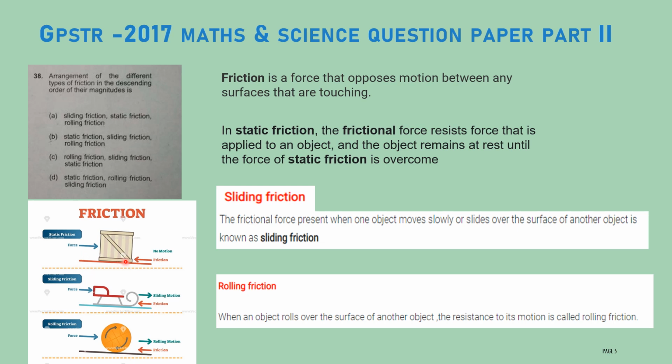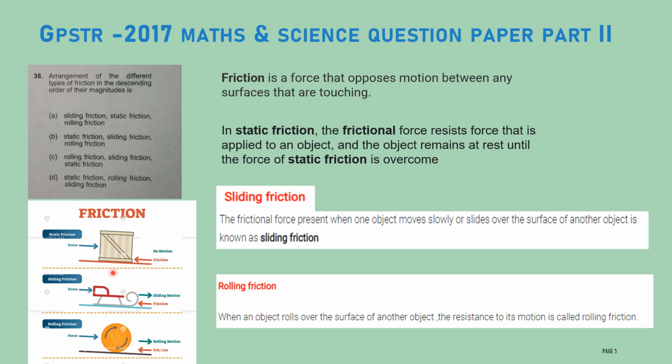Then let us see what is meant by static friction. Static friction, the frictional force resists force that is applied to an object. The object remains at rest until the force of static friction is overcome. Static friction is nothing but, if the applied force is equal to the frictional force, then the object will not move at all.